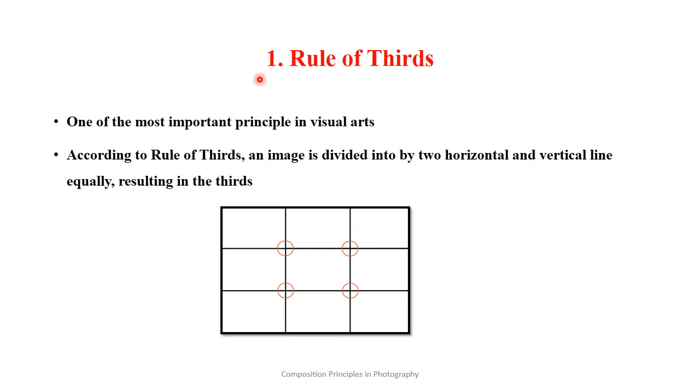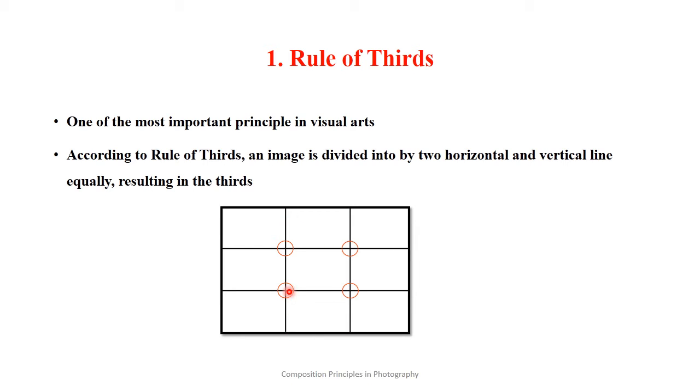So let's discuss the various composition rules and principles which are followed in photography. The first one is the rule of thirds, and the rule of thirds is one of the most important principles in visual arts. According to the rule of thirds, we take an image and divide it with two horizontal and two vertical lines, like two horizontal lines like this one, and two vertical lines like this one and this one.